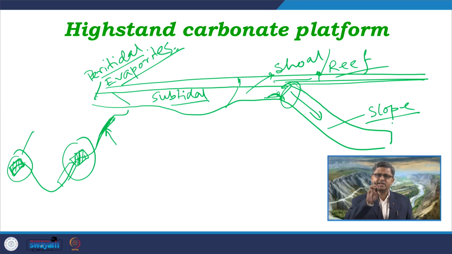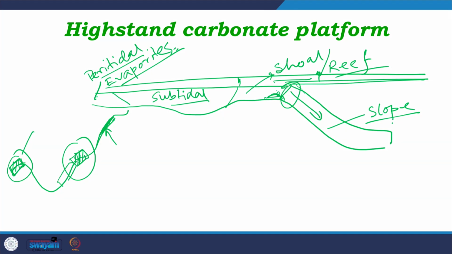If we want to classify them, if we want to distinguish them, they can appear in different groups or different types. So broadly we can identify three types of HST, three types of high stand system tracts for carbonate shelves. They are commonly identified in terms of the overlying and underlying packages and the nature of the distribution of the sediments which are available in that particular HST.